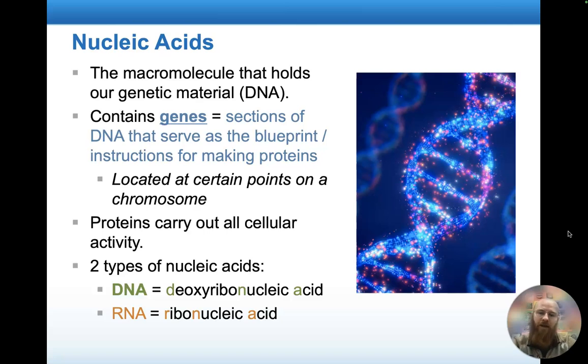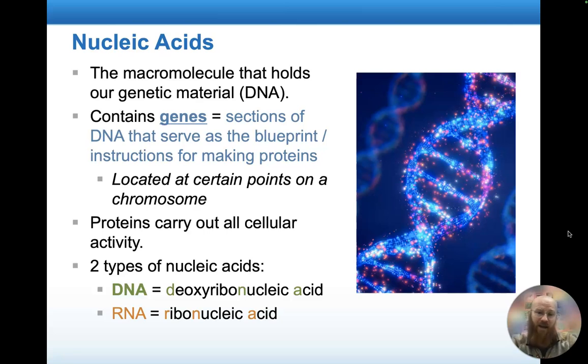And we have two main types of nucleic acids. We will be using the short form, DNA, RNA, but it's important to understand what that actually stands for. DNA stands for deoxyribonucleic acid, and I've highlighted the letters within that term that basically give it its name, right?